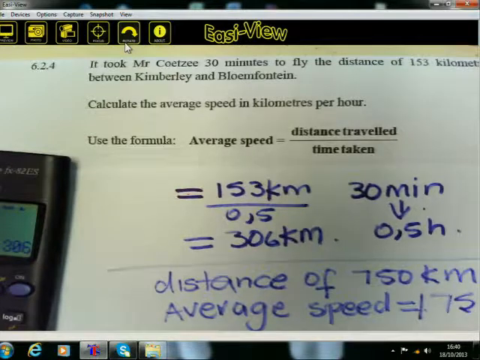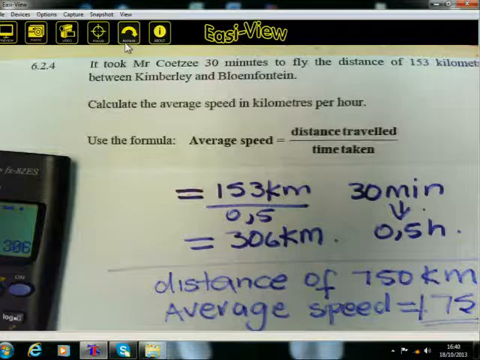Remember, you are not allowed to drive at this high speed of 175 kilometers per hour around South Africa. You are allowed to drive with an average speed of 100 kilometers per hour in our national roads, or 120 kilometers per hour in some national roads.